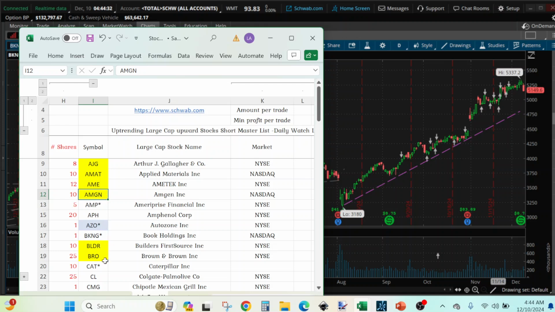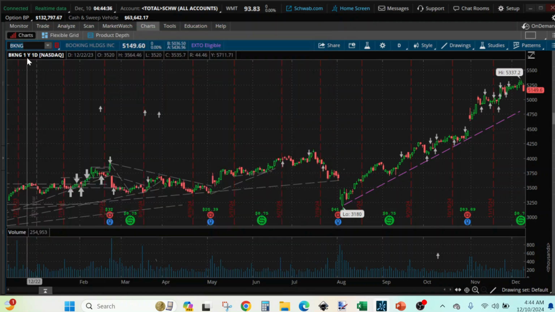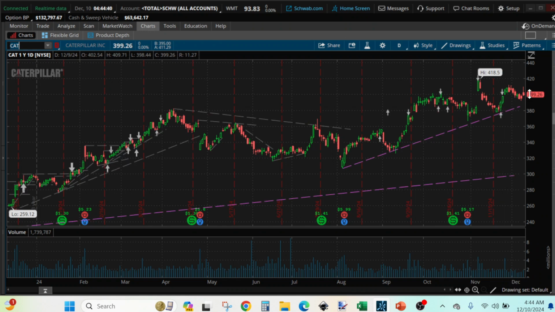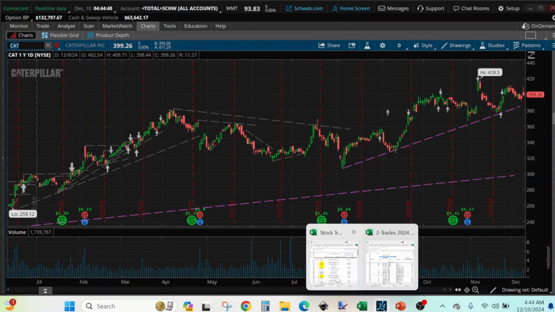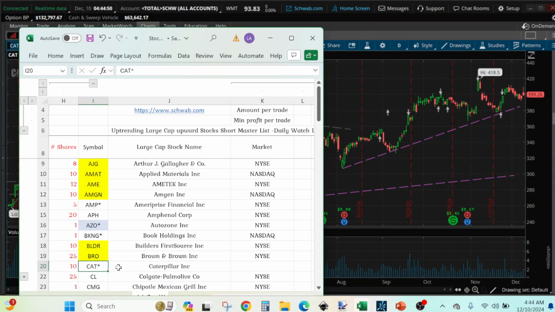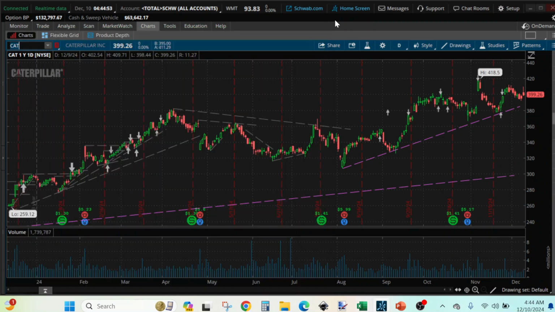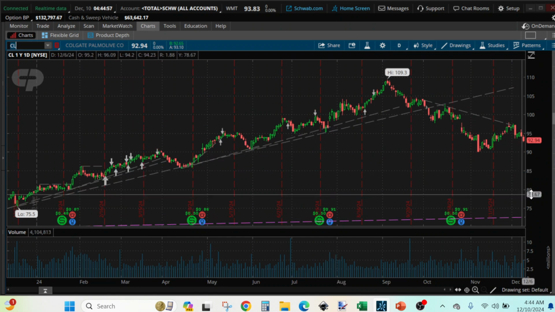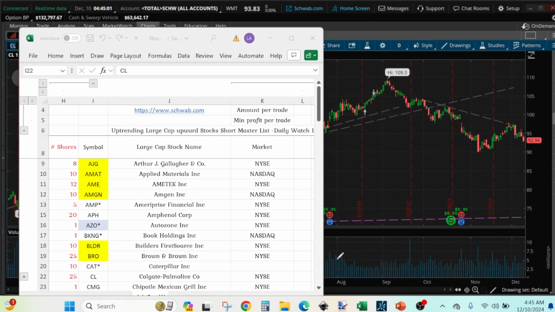CAT is getting close to the line, but is still far away from it. CL, I don't think CL will be any better. Last time we checked it, it was in a downtrend, and the line we like to buy it on is nowhere near.